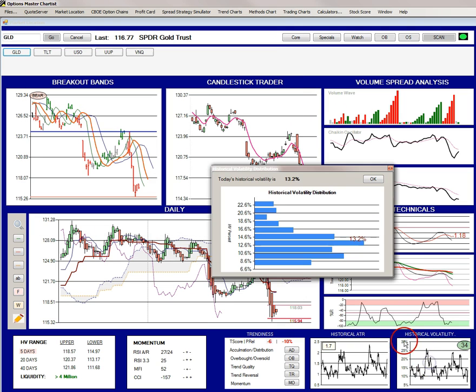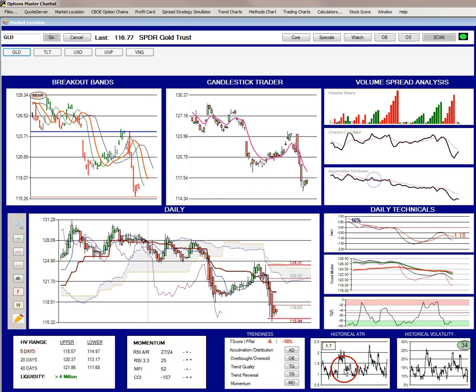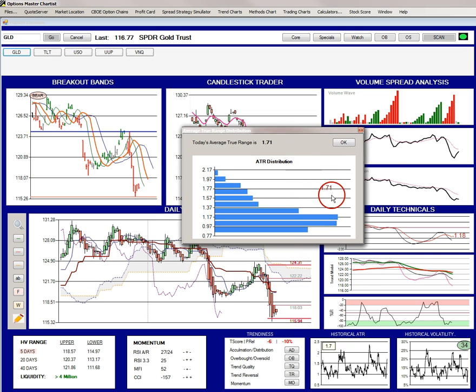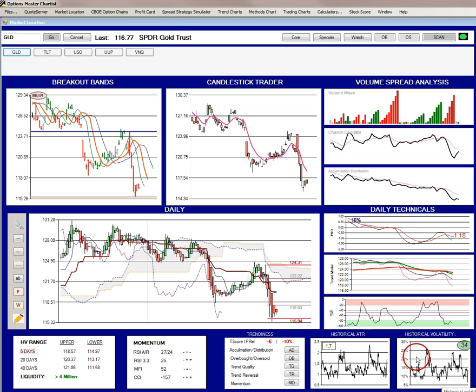Another useful thing is there's a historical volatility distribution, so you can see where you sit as far as historical volatility is concerned. And there's also a historical ATR distribution, and both of those are very useful for projecting a possible move over a certain period of time.